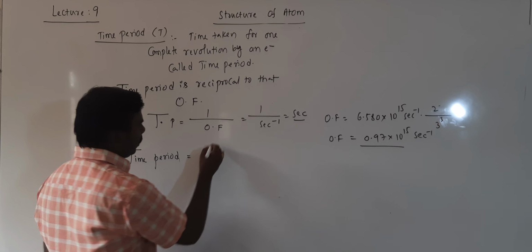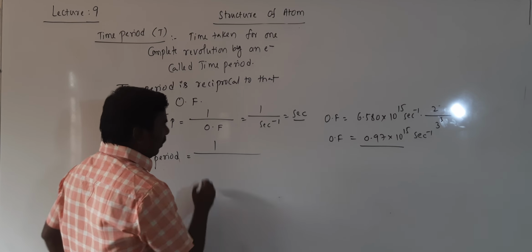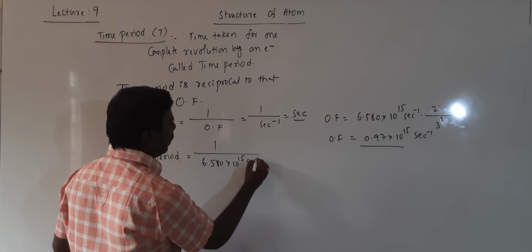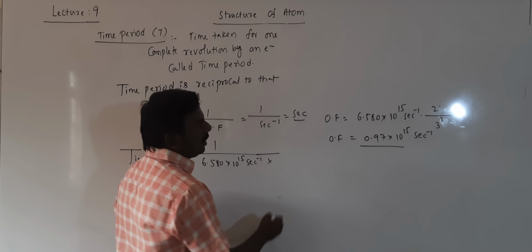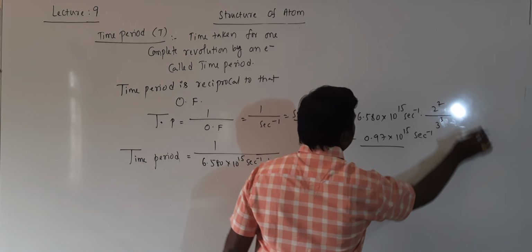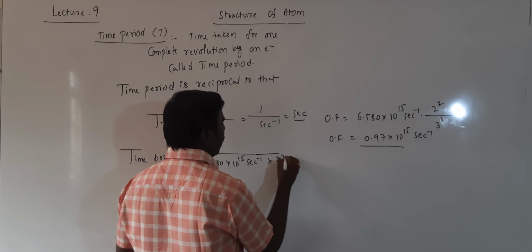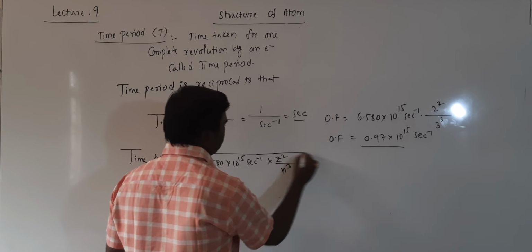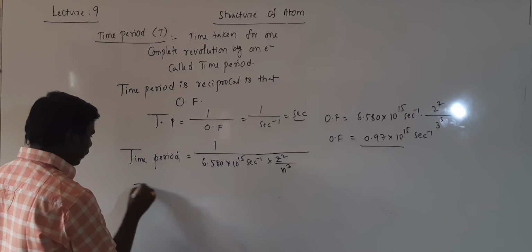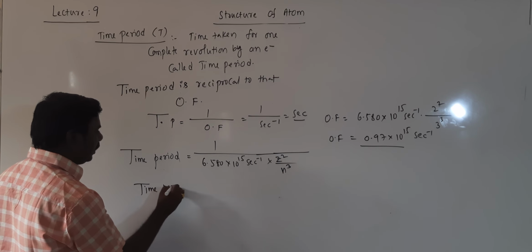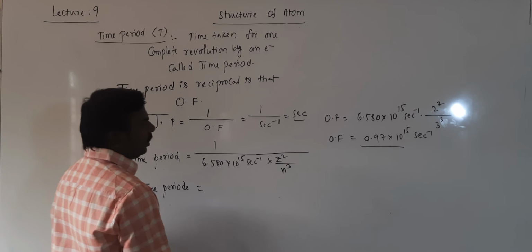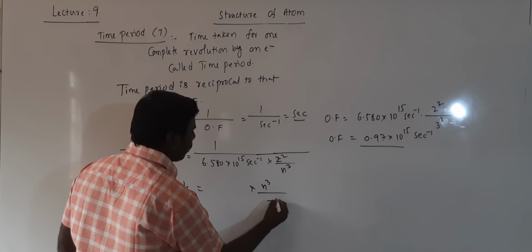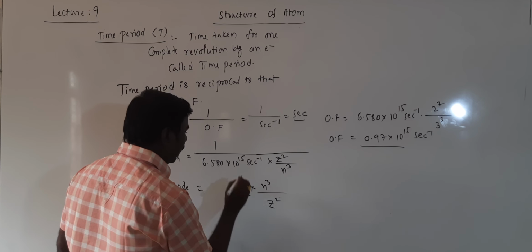The formula is 1 by 6.580 into 10 to the power of 15 second inverse into Z square by n cube. Shifting this, we get n cube by Z square, with units of seconds.